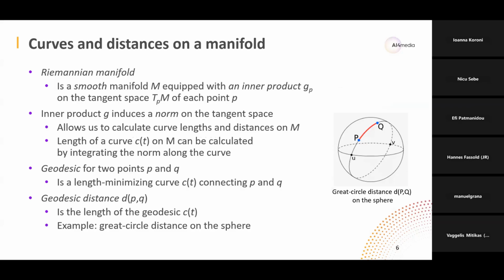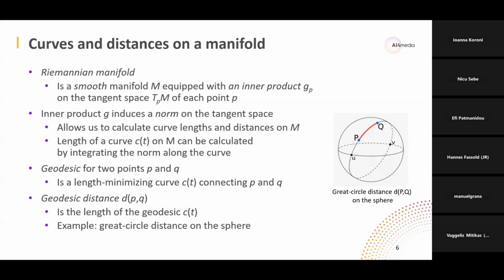Technically, the Riemannian manifold is a smooth manifold which is equipped with an inner product g_P, and this inner product must exist on the tangent space T_P M for each point P of the manifold.